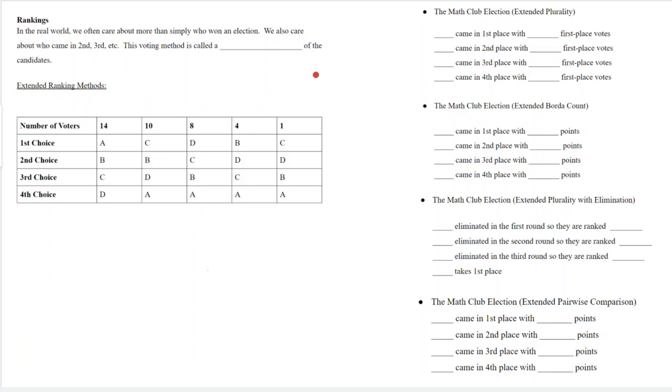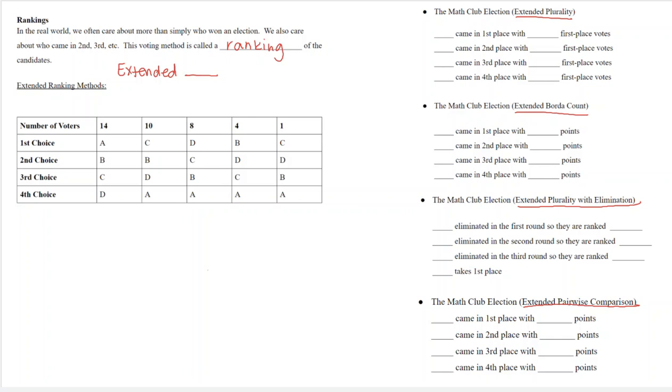Sometimes it's important to know who finished second, third, fourth, etc. So this is called the ranking of the candidates. And all of these methods are called extended whatever method. So extended plurality, extended Borda count, extended plurality with elimination, and extended pairwise comparison.